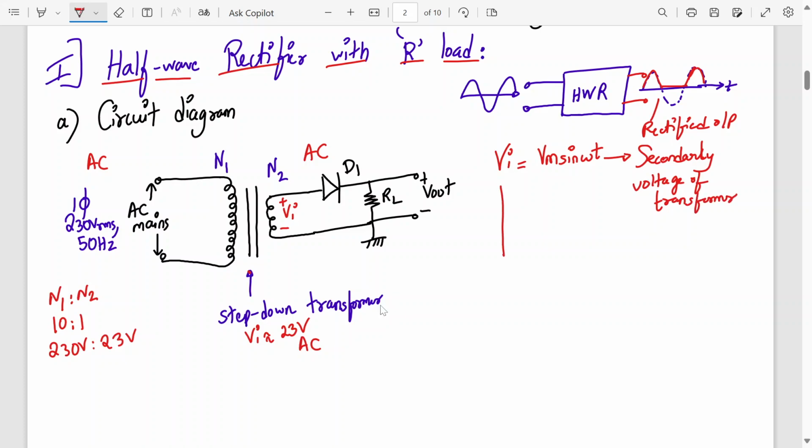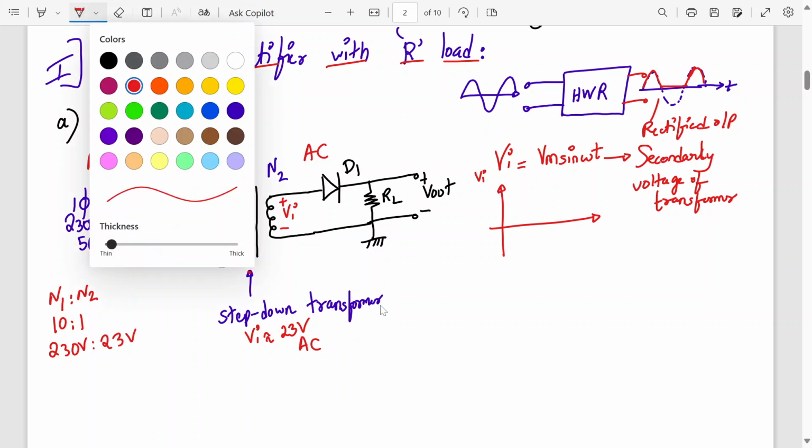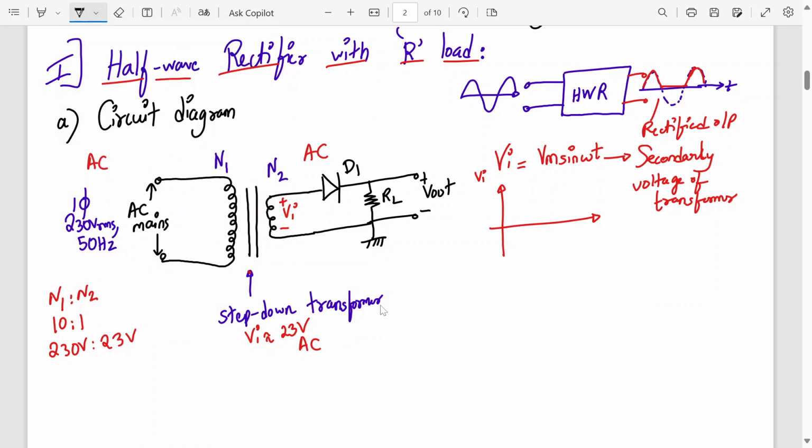So this is Vi. It has an amplitude of Vm plus Vm and then minus Vm, then again plus Vm, like this. So this is Vm, this is minus Vm. This is pi, 2 pi, and this is omega t. This is 0.